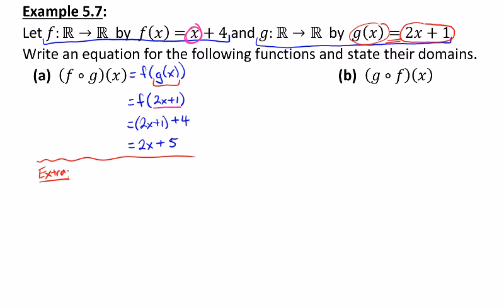Take the equation you just came up with, and instead of f of g of x, do f of g of 2, using the expression you just calculated. So this is going to say 2 times 2 plus 5, which directly gets you to 9.